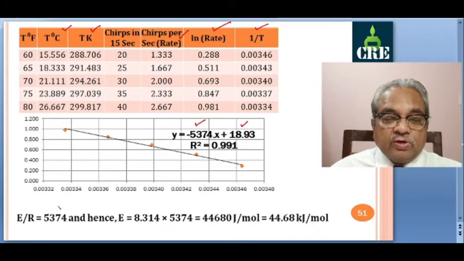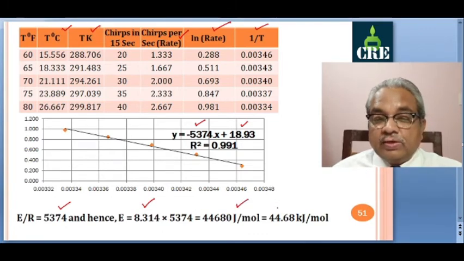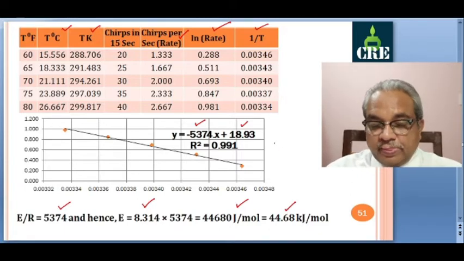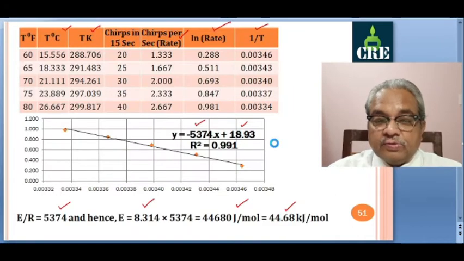E by R is 5374, multiply by 8.314, we get 44,600 joules per mole, and that is nothing but 44.68 kilojoules per mole. So this is the activation energy of these crickets, and it is a direct measure of metabolic rate.